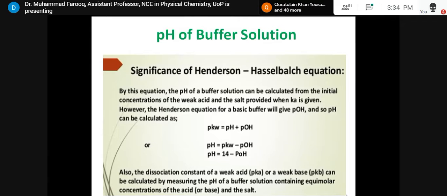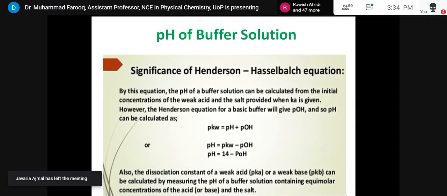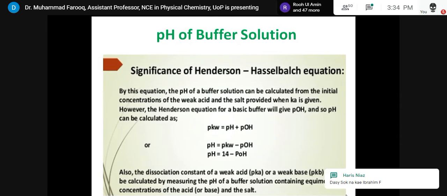Yes, sir. pKw comes from the water dissociation. pKw is equal to pH plus pOH, and this pKw is equal to 14. So when pKw is equal to 14, if we have pOH, just put in the value and we can calculate the pH. This clear or not?